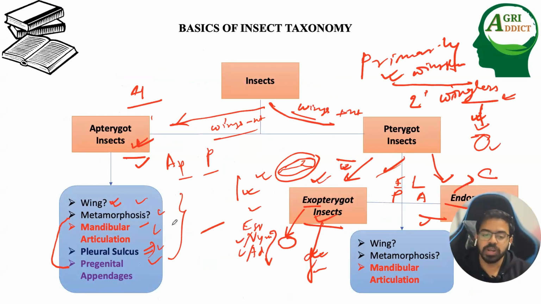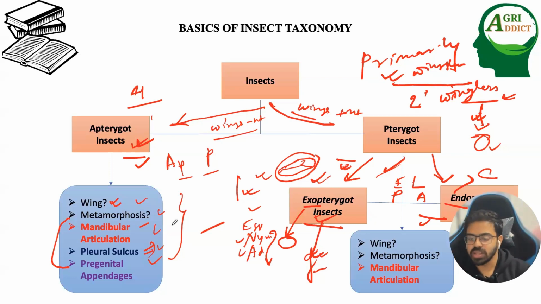The genital segments are generally 8th and 9th for female and 9th for the male. So before that, abdominal segments 1 to 7 contain some sorts of abdominal appendages, which are present in apterygotes and absent in pterygotes.